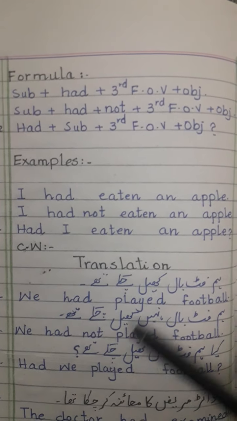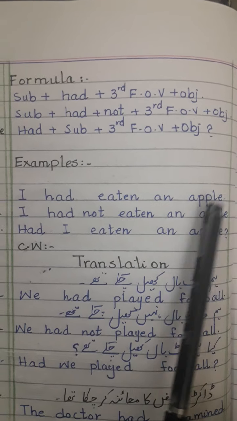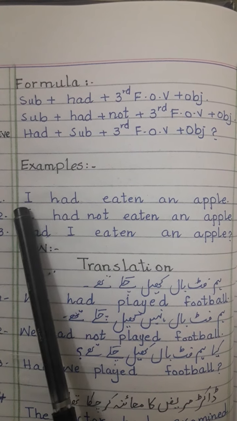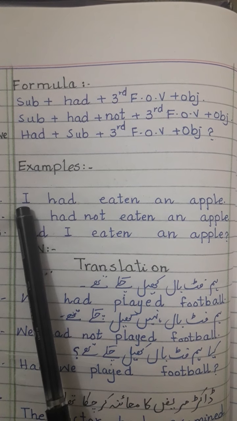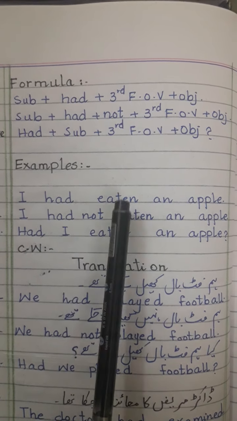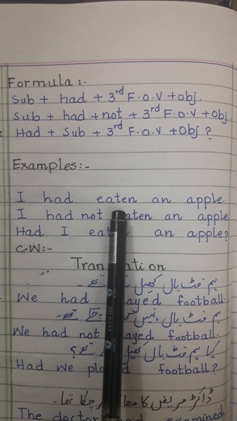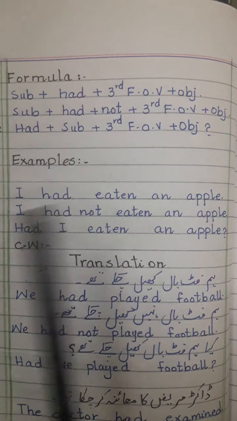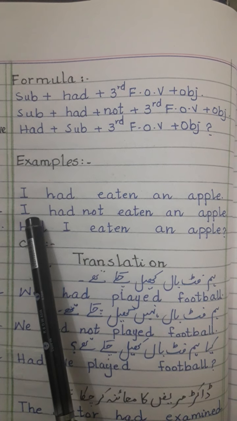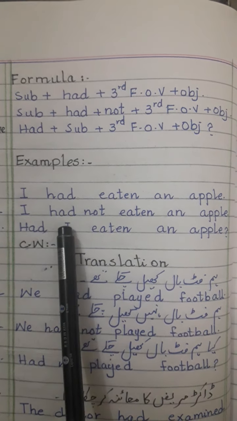Let's see some examples. I had eaten an apple. This is the example of a positive sentence. First of all we write the subject I, then had as helping verb, then the third form of verb eaten, and in the last the object is an apple. And this is the negative sentence of past perfect tense. I had not.